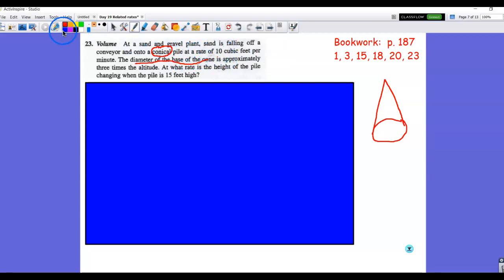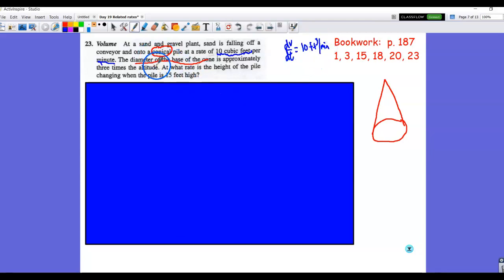So look at this right here. Reading, 10 cubic feet per minute. Cubic. What's measured in cubic units? Volume. So this time they tell me that dV/dt is 10 cubic feet per minute.